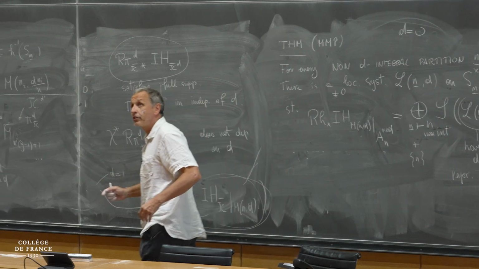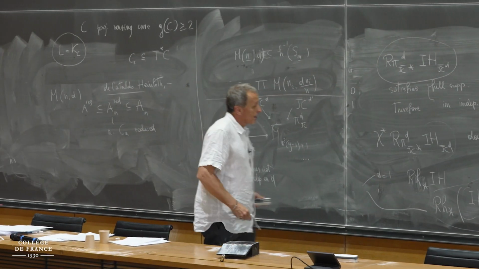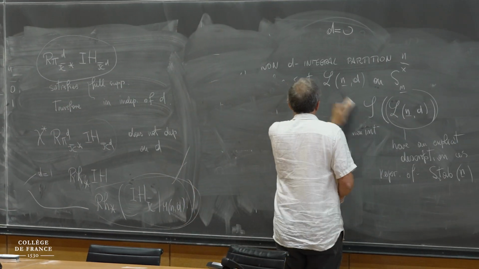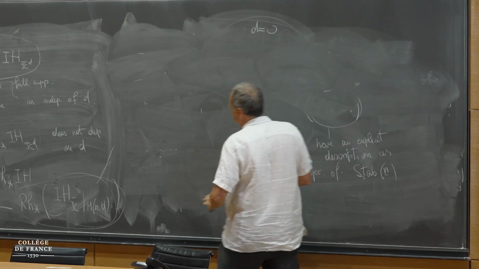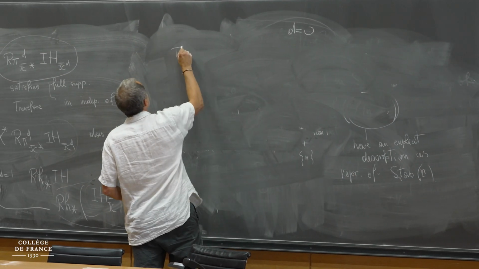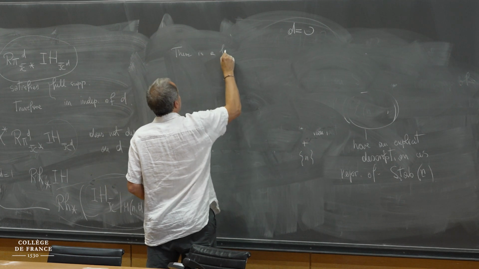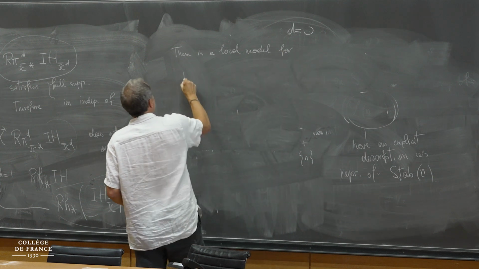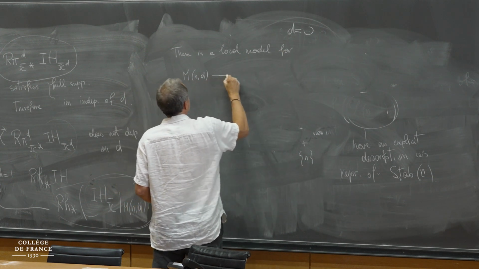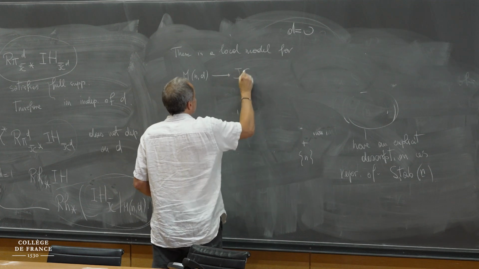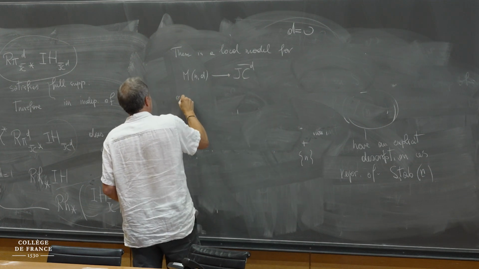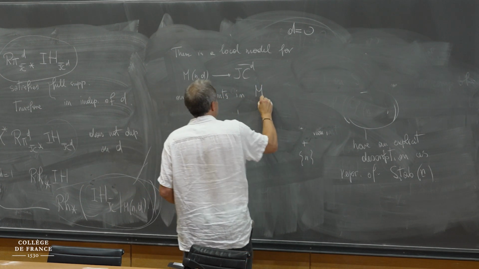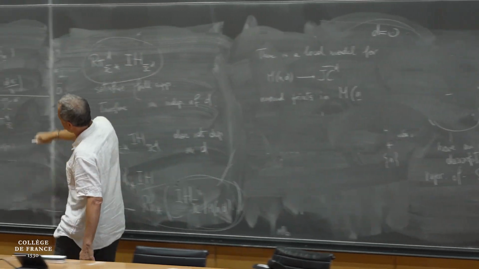Now, something which is quite remarkable, and I'm about to finish, is that the structure of this sheaf can be studied because there is a local model for M and D, let's say, inside the compactified Jacobian around points in this singular strata here.